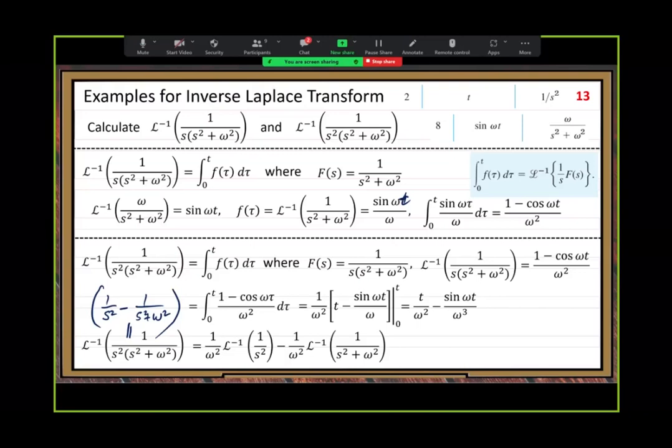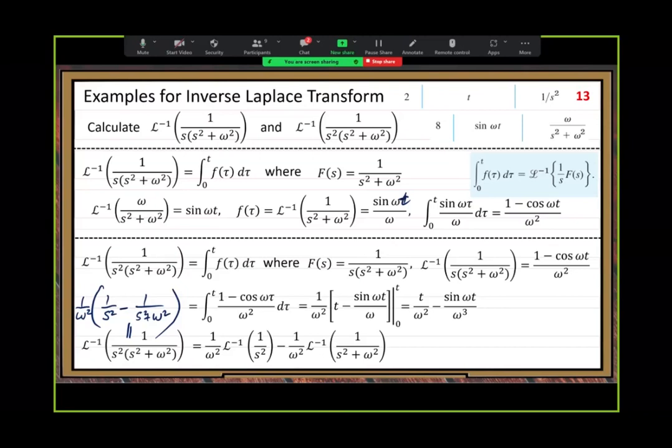So here, if we do subtraction between these two fractions, we need to divide by omega squared to make them the same, because the numerator omega squared needs to cancel out. Then, by the linearity property, we take the constant out and get this expression.